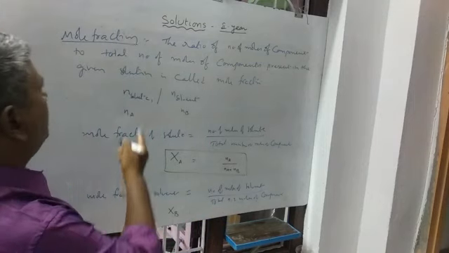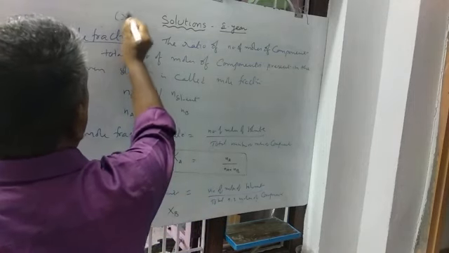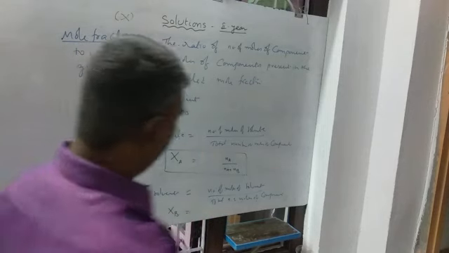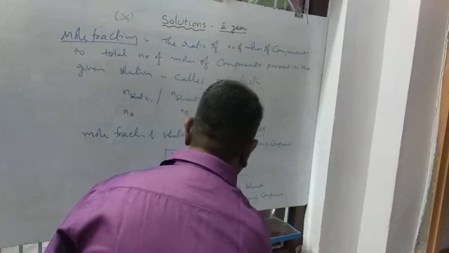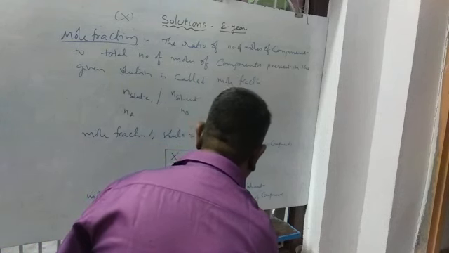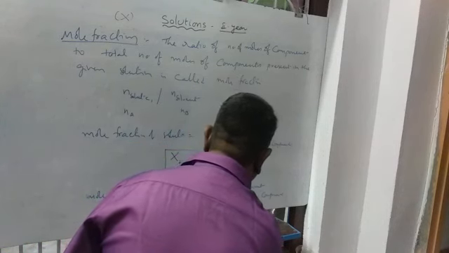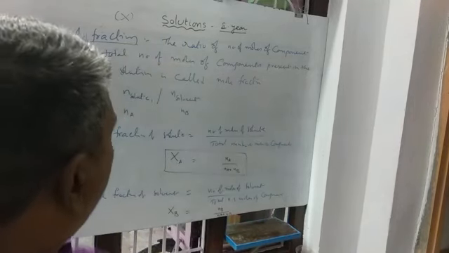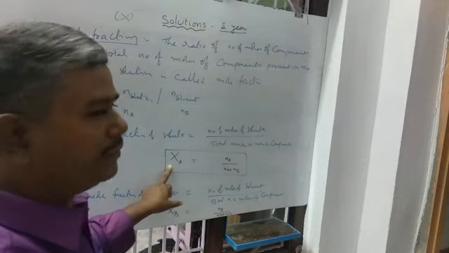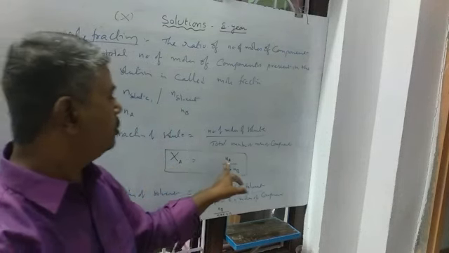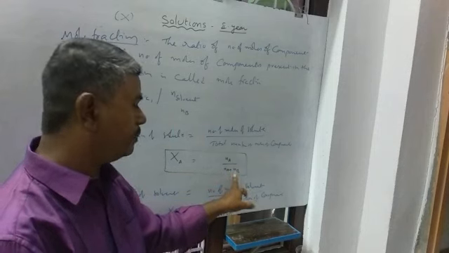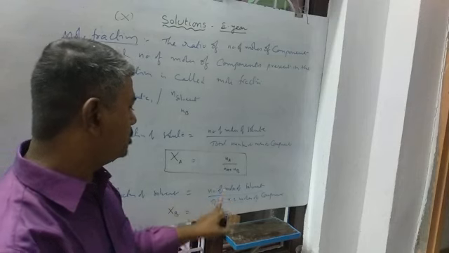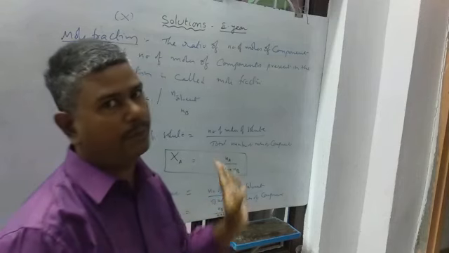That means the mole fraction is represented with the capital letter X, so capital XB equals Nb by Na plus Nb. Clear? So XA, the mole fraction of solute, equals number of moles of solute by total number of moles of the components, as well as the mole fraction of solvent equals number of moles of solvent by total number of moles of the components.